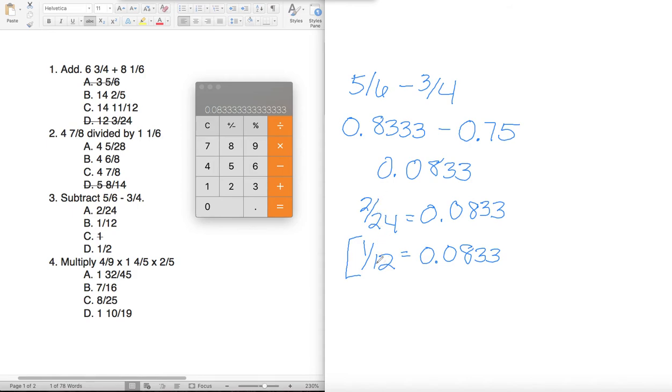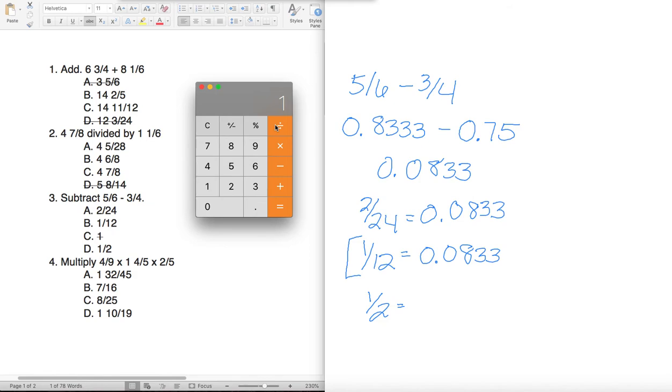So given the choice of these two, they're going to equal the same thing, but only 1/12 is the correct answer there.